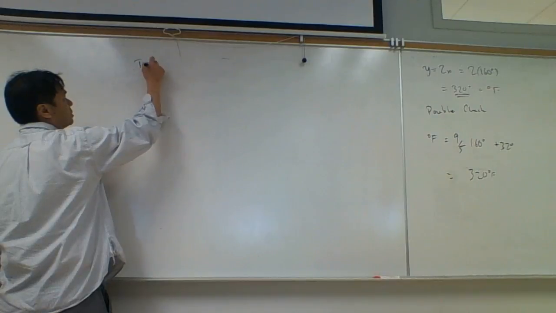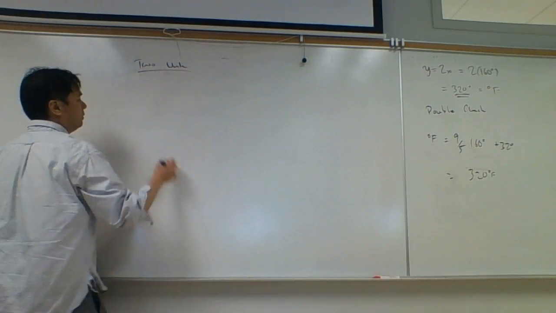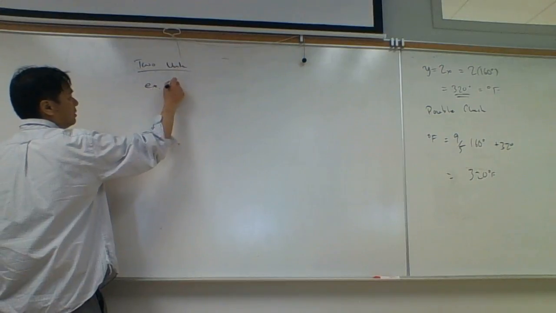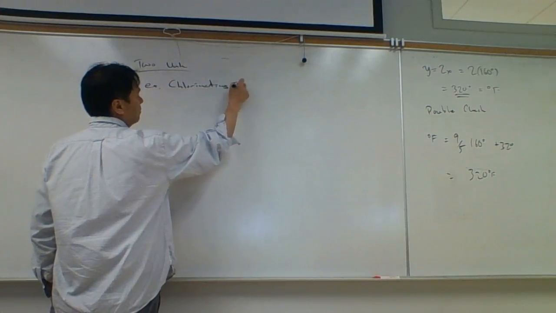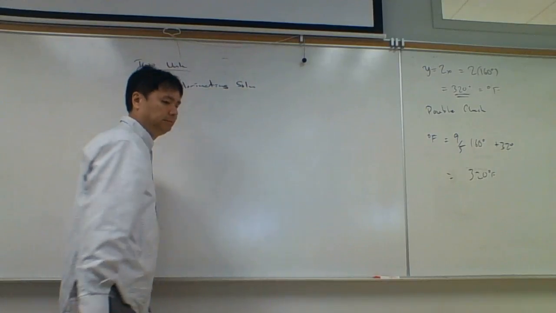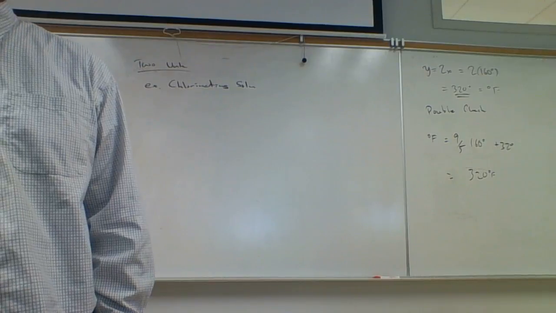This would be kind of a challenging problem, with two unknowns. The example was the chlorinating solution. We had an 18,000 gallon swimming pool, right?